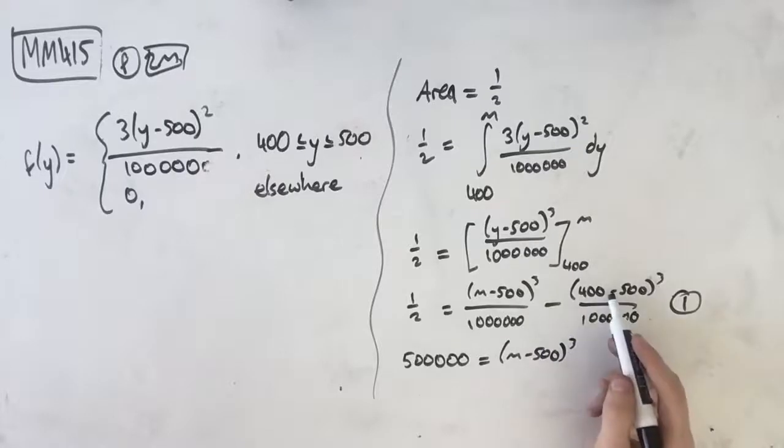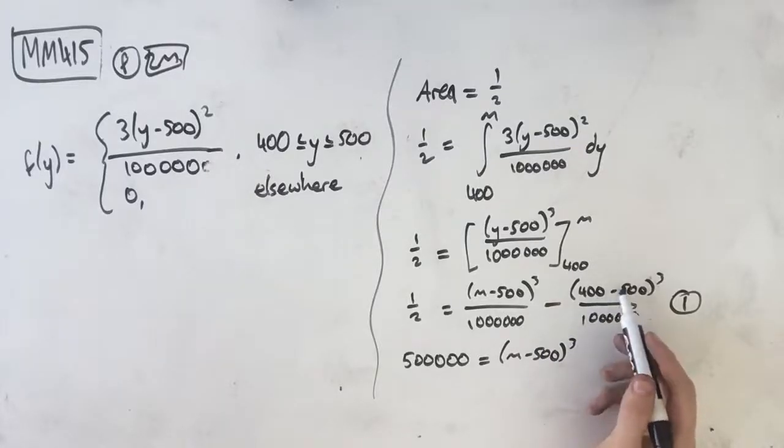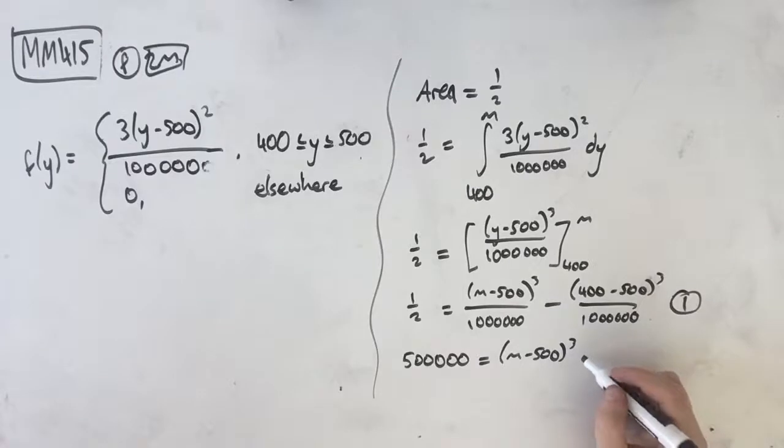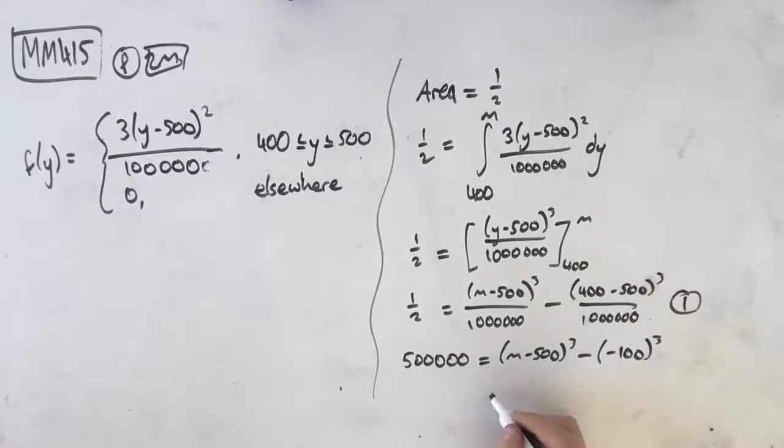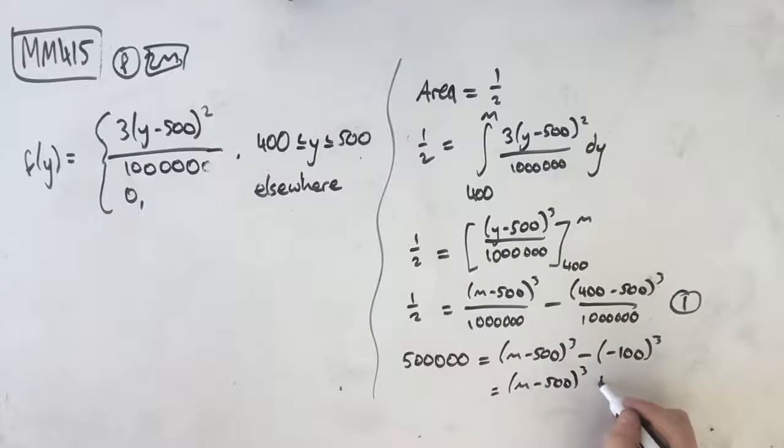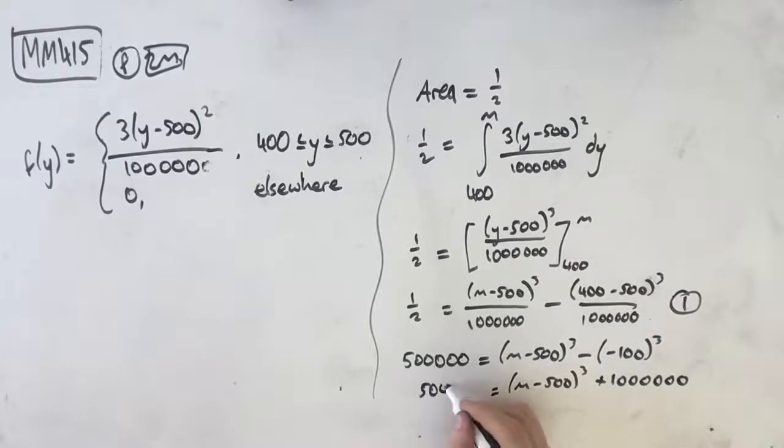And then 400 minus 500 is negative 100. And I'll just actually rewrite this. So take away negative 100 cubed. And what we get here is then (m take 500) cubed plus 1 million is equal to 500,000.